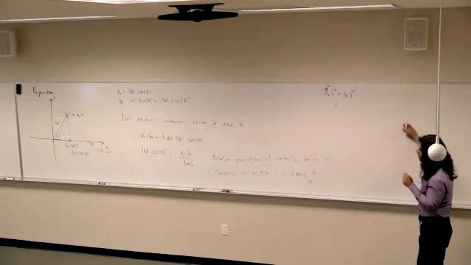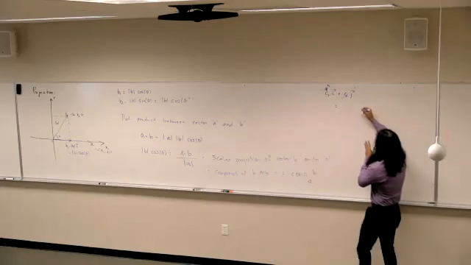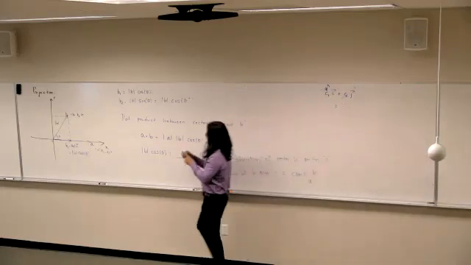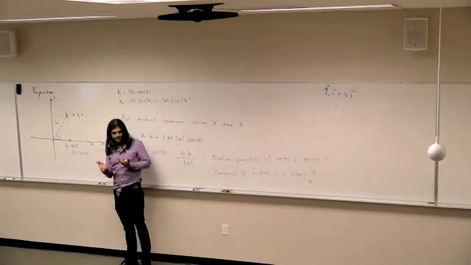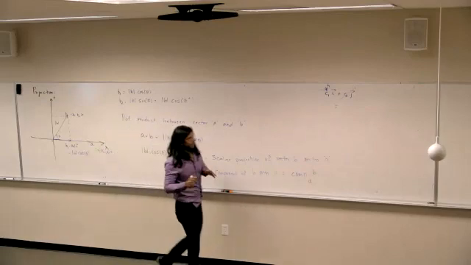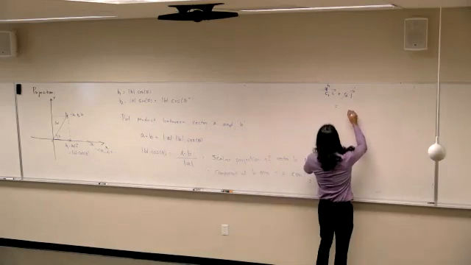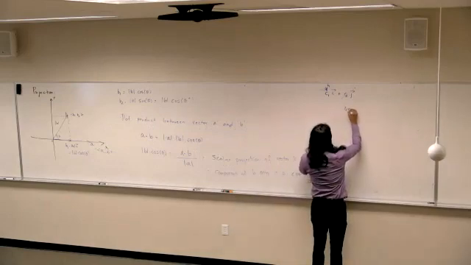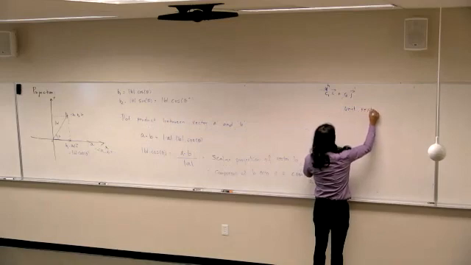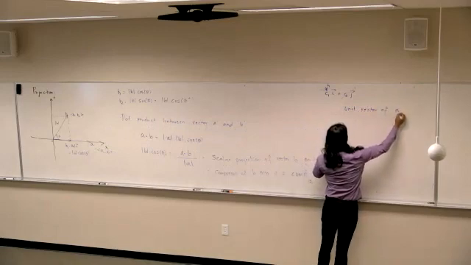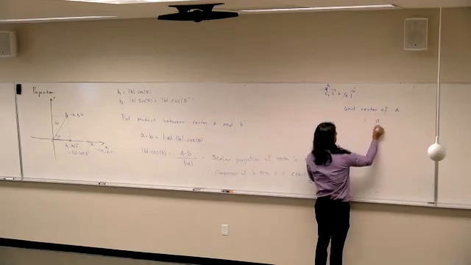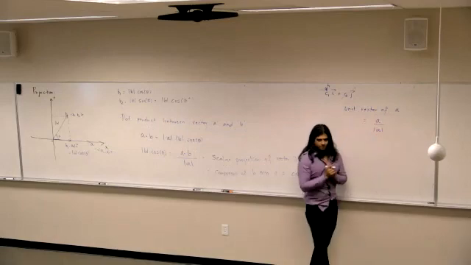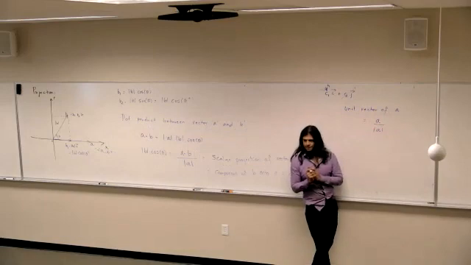So by all means, if I find the unit vector of A, then pretty much I'm going to come up with A divided by the magnitude of A, yes?